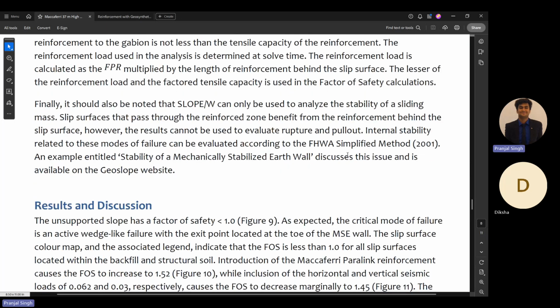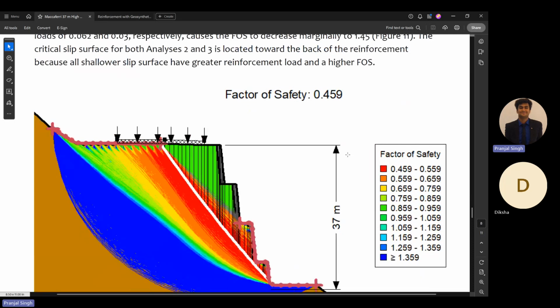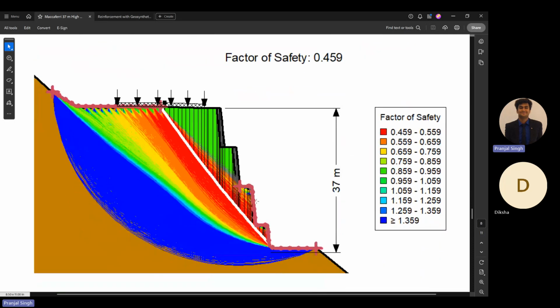This is the theory. Now let's see the results. Here, as told, the critical failure surface is depicted by this white line. Here it is a linear wedge and the factor of safety is 0.46. So it is unsafe and we require the reinforcement.